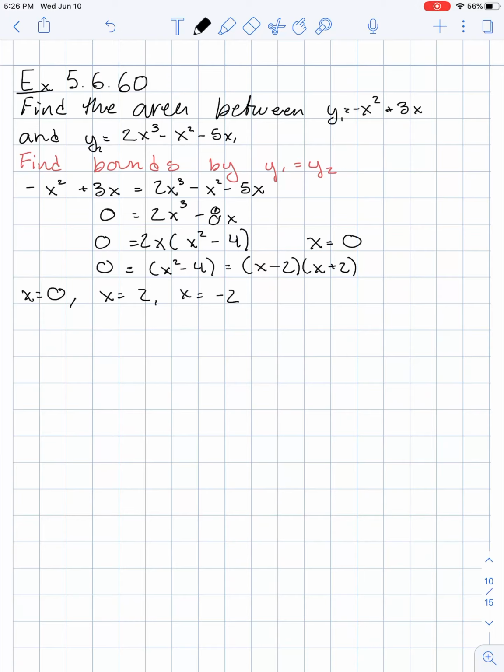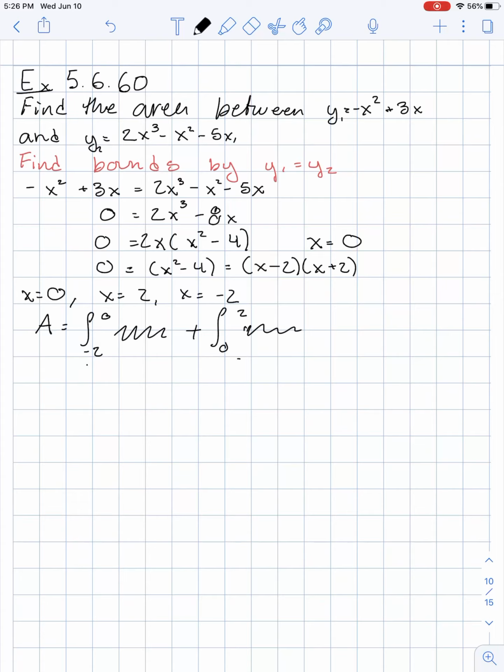So now my graphs are intersecting at 3 points. So to find my total area, I'm going to have some integral that looks like -2 to 0, whatever that is in the middle, plus 0 to 2.